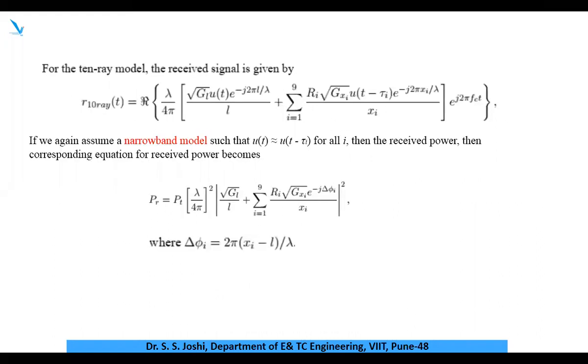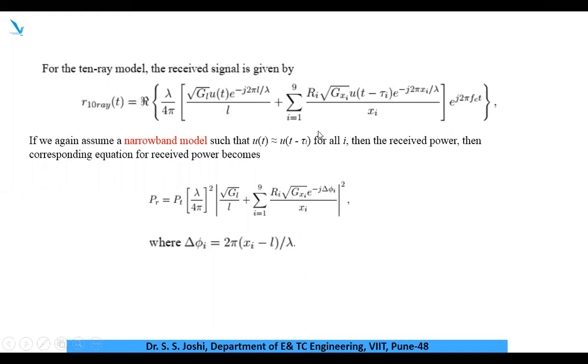Mathematically, we can easily write this equation. In the generalized case that we have seen earlier, the first model had a single signal. In the second, the two-ray model, n is equal to 2, so only one additional component comes in, and it is represented by u of t minus tau. Now if there are n rays, we can say it is 1 to 9, and the main ray, the line of sight, makes a total of 10 rays.